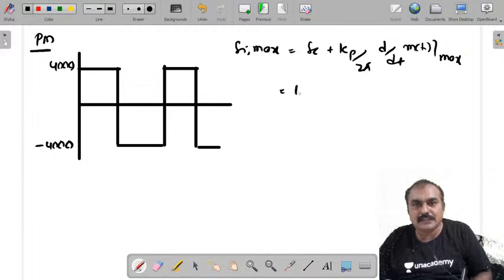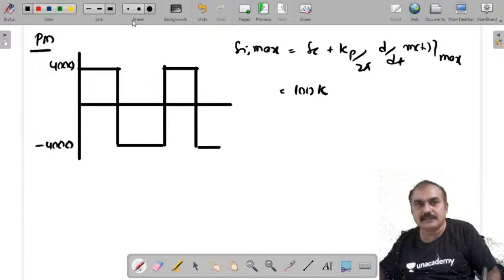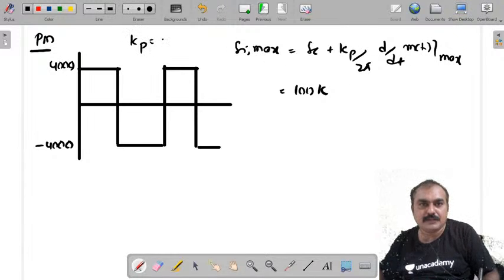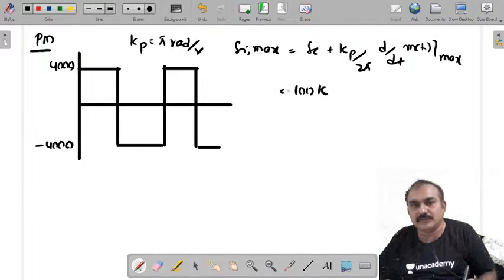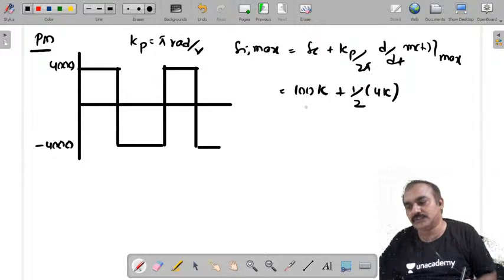That is, Fc is 100k. Okay, how much Kp has he given? Kp is pi. He has given pi radian per volt. Okay, very good. How much are you getting? So it is 1/2 into 4k. Then it is 102 kilohertz.